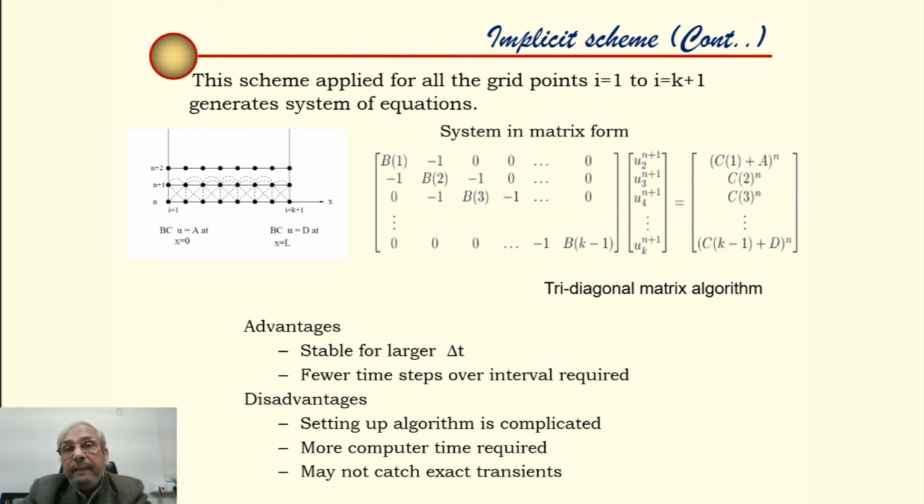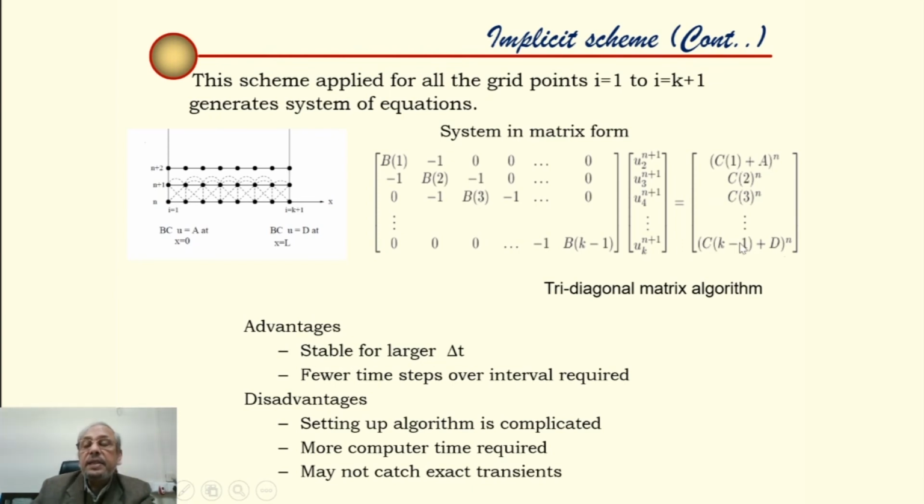And that is why it is our preference to formulate the problem in such a way that we get a tridiagonal matrix. So here we get a matrix where the principal diagonal is present, the immediate subdiagonal is present, the immediate superdiagonal is present, and this is the unknown column, unknown quantities, and this is the known right hand side column matrix.